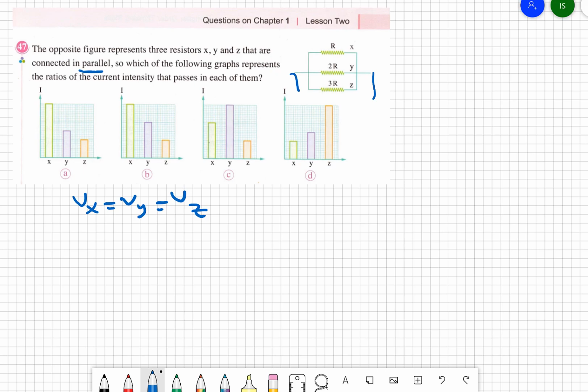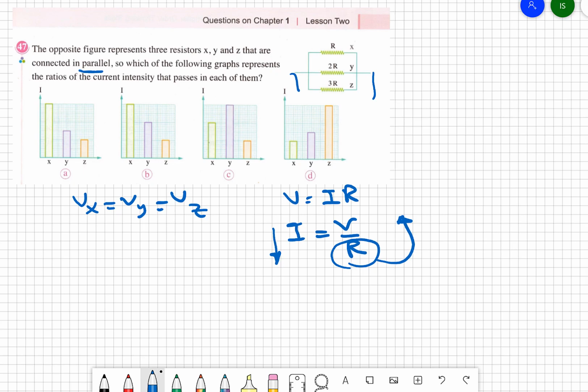صح كده؟ طيب وعارف إن V equal IR، يبقى ال I equal V over R، صح كده؟ ألاحظ حاجة، إن كلما زادت when the resistance increases the current decreases.